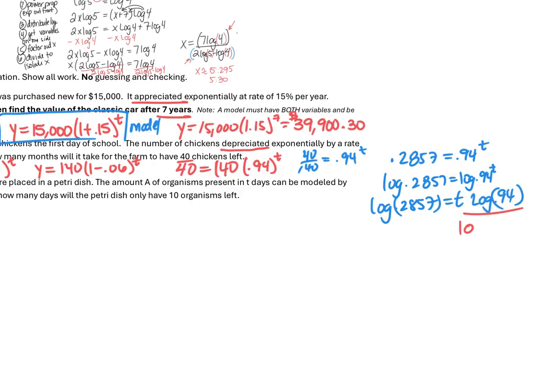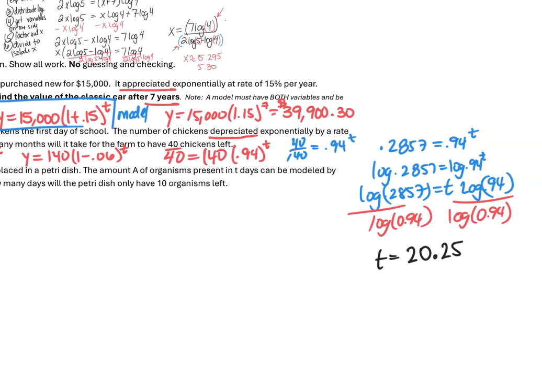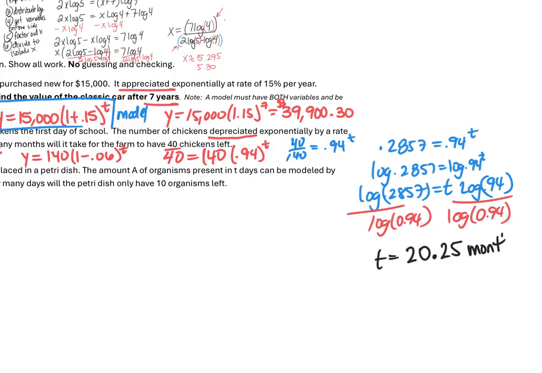We'll divide by the log of 0.94. So we get t equals log 0.2857 divided by log 0.94. And so t equals 20.25 months. Okay.